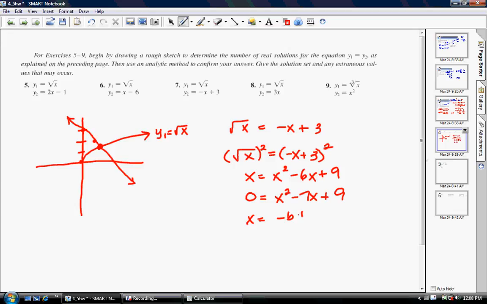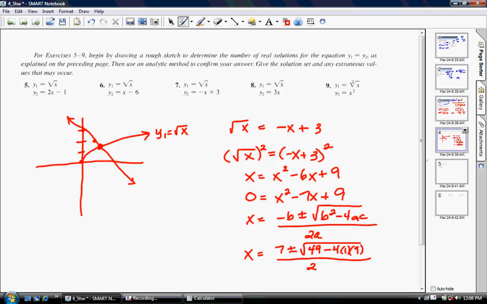Write x is equal to the opposite of b, plus or minus the square root of b squared minus 4ac, all over 2a. Hopefully that's ingrained in you pretty well by now. So we would have x is equal to the opposite of negative 7, which is just positive 7, plus or minus the square root of negative 7 squared, which is 49, minus 4 times 1 times 9.